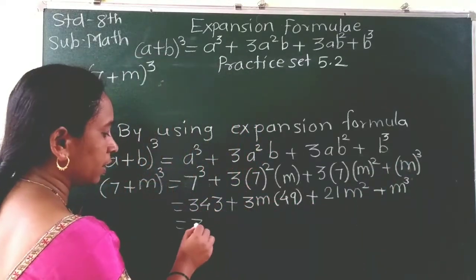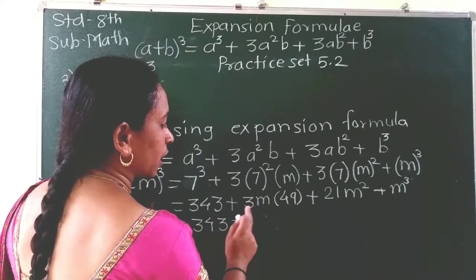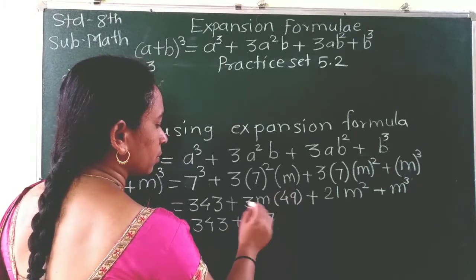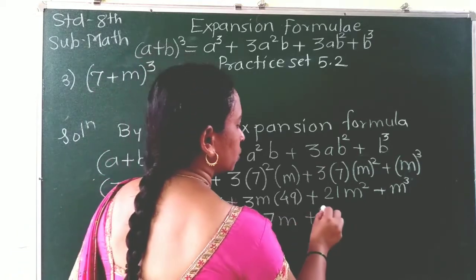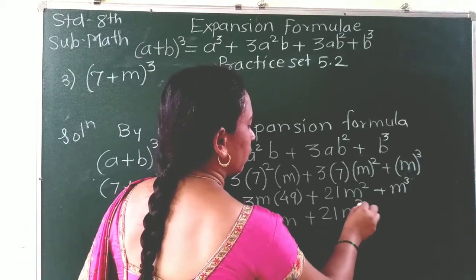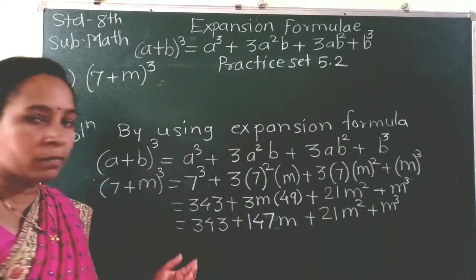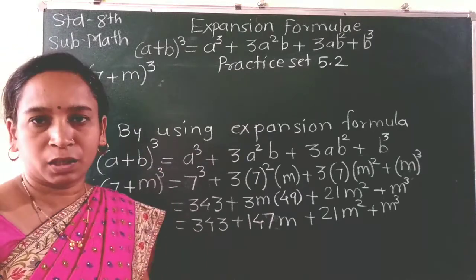Here we can get the answer 343. If you multiply 49 by 3, I will get the answer 147 m, plus 21 m square, plus m cube. So this is the expansion of this (7 plus m) bracket cube.